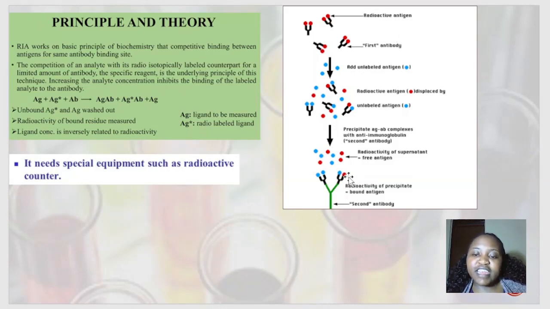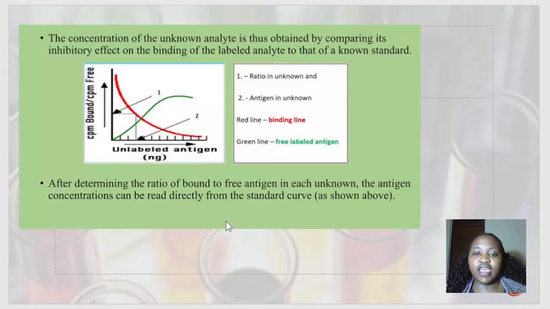So if we measure radioactivity here, you'll find that it will be low, because in this one we have 3 of the blue and 1 of the red. So radioactivity here will be low. But being low means that our analyte, which is the blue, unlabeled, was more. So it's an inverse relationship. That is why in this graph, when we were starting, our red antigen, which is radioactive, was bound, so it will start from high, then it will go reducing.